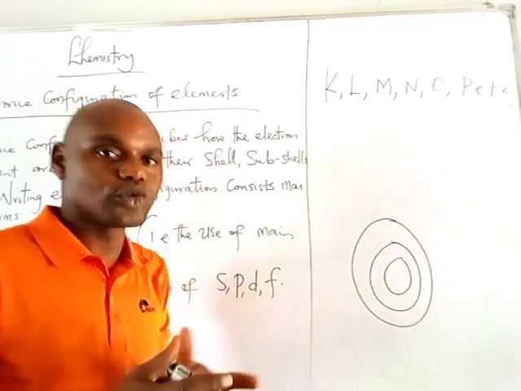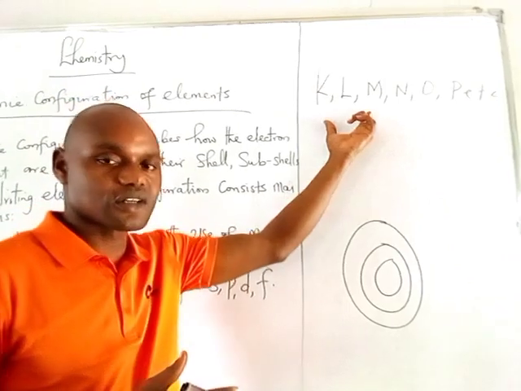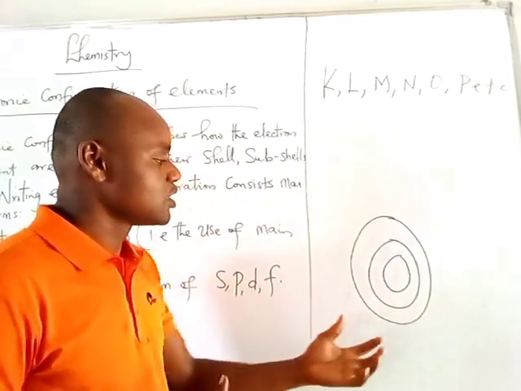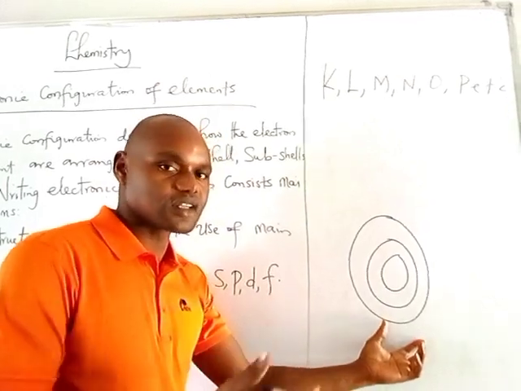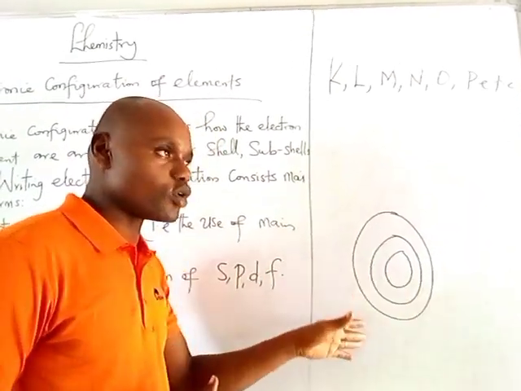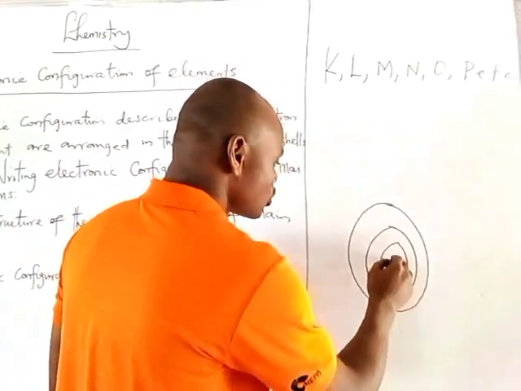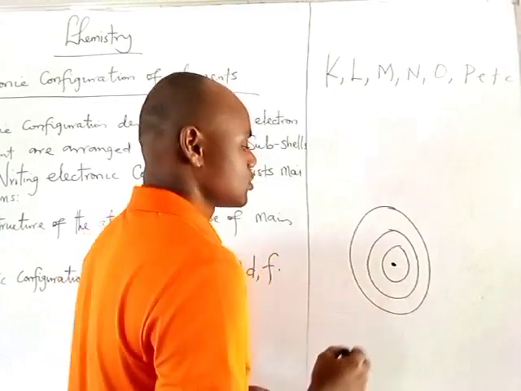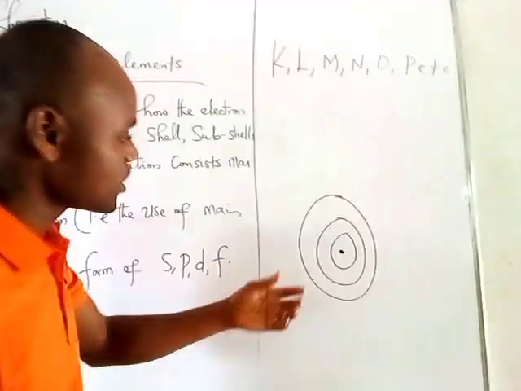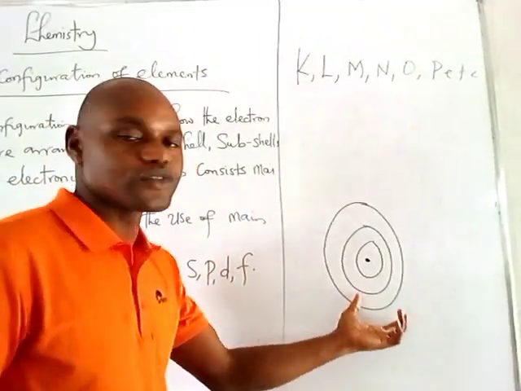Also, take note, we want to use each of these shells to number the atom. You don't number the atom or the shell from outward to inward, but rather we number the atom from the nucleus outward. So in view of that, let's see how we are going to number the shell of this atom.